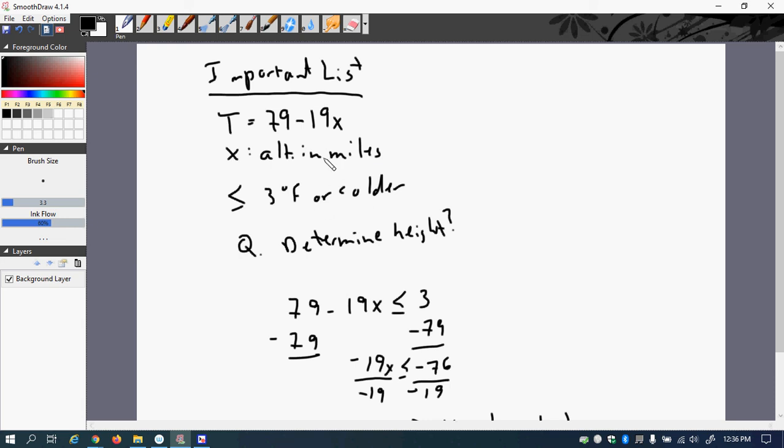So making a list is hugely an important step to helping you solve your problems quickly, as opposed to just writing the equation and thinking that's it. You need to back it up with your list there.